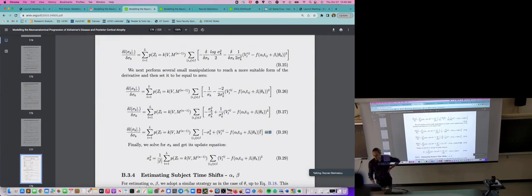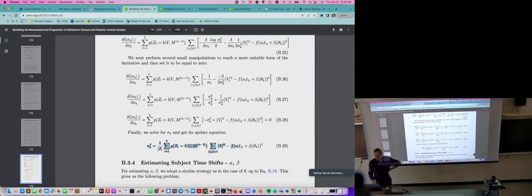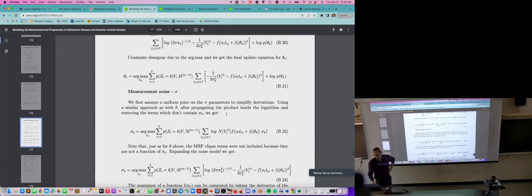After we simplify it a lot, where you pass the derivative inside the function and simplify all terms, you set it to 0 to find the first order conditions, and then you get a closed form update for sigma. So for this particular parameter you can get a closed form update, but not for this one.